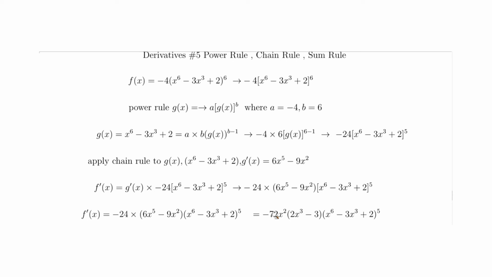And then take the 3x squared out of each of these. So 6x to the 5 divided by 3x squared is 2x cubed. And minus 9x squared divided by 3x squared is minus 3. So then it becomes minus 72x squared times 2x cubed minus 3, and then x to the 6 minus 3x cubed plus 2 to the power of 5.